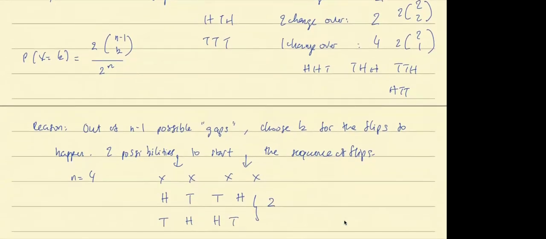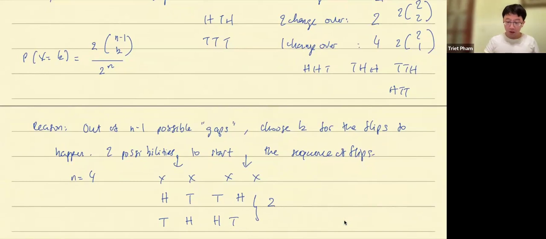Why is the denominator 2 to the n when the numerator is about choosing k gaps among n minus 1 gaps? So again, with 2 to the n, what are we counting? We're counting the number of ways for something to happen out of the total number of ways for things to happen.